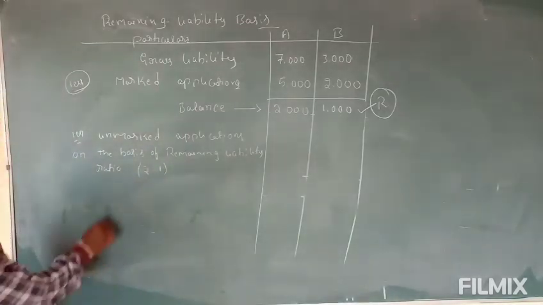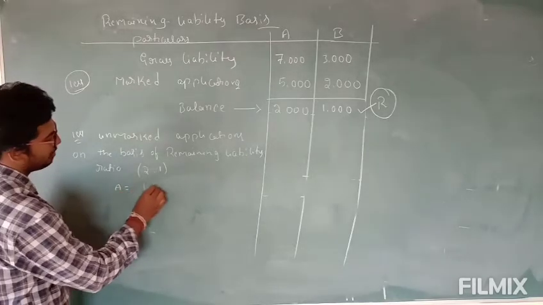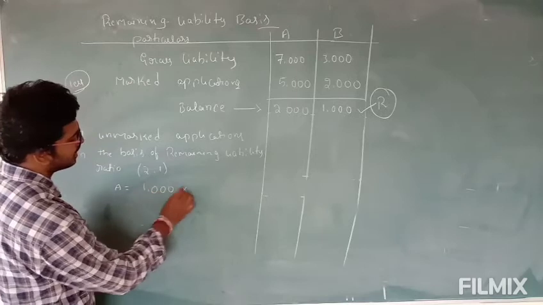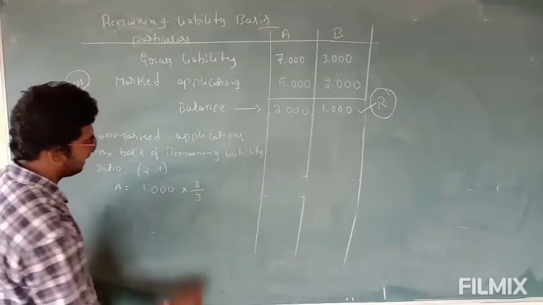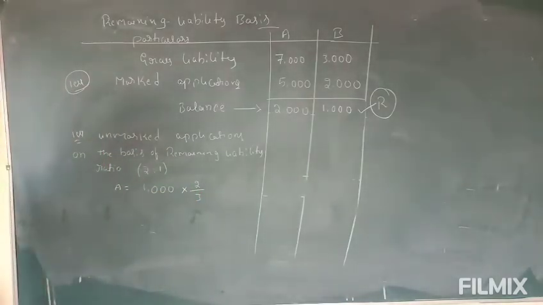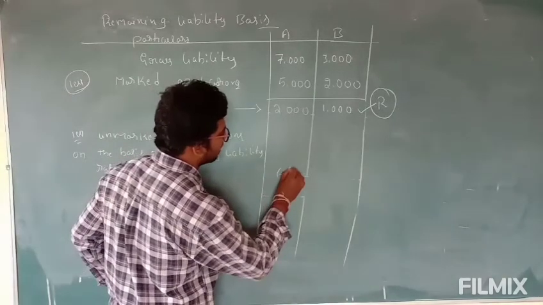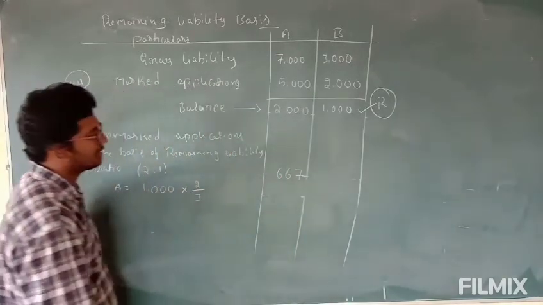So you can apportion for A. What is the remaining liability ratio? 2. So 1,000 unmarked applications into 2 by 3. Calculate 1,000 into 2 divided by 3. You will get around 667 point something, you can round off to 667.